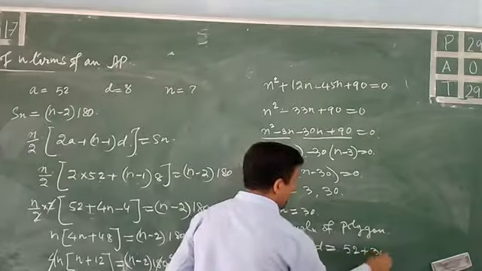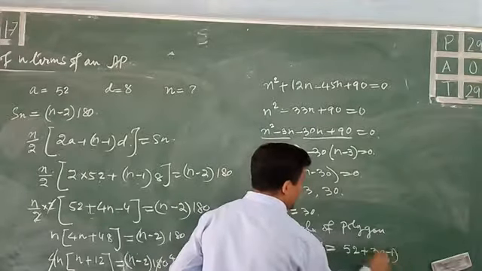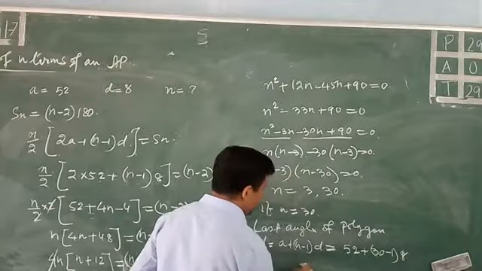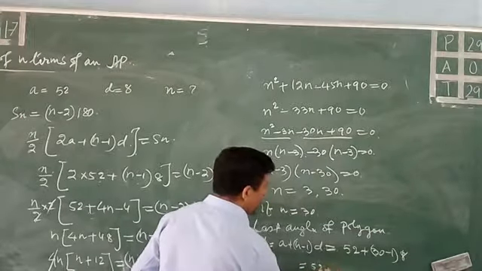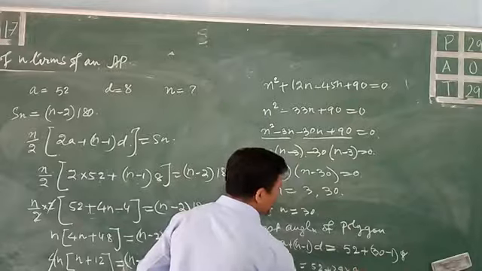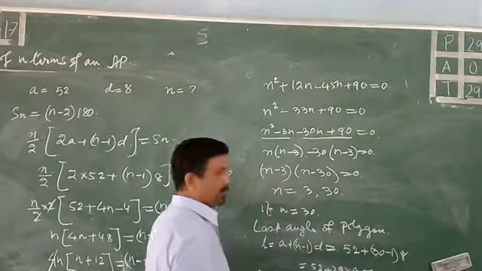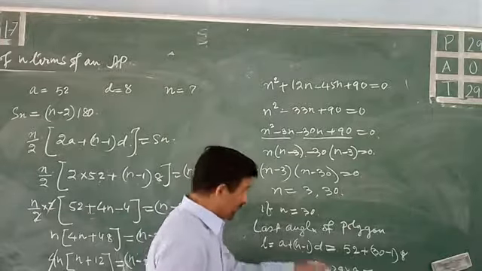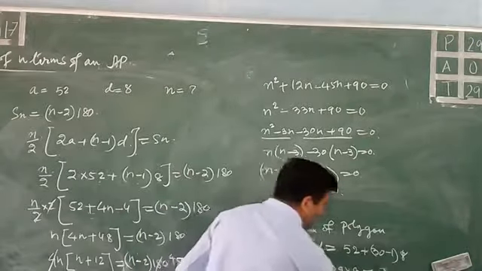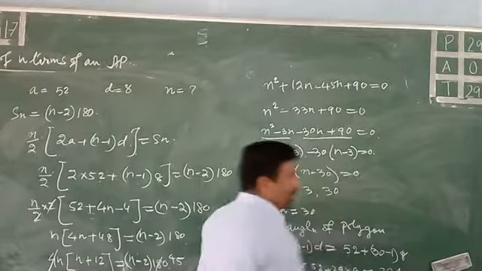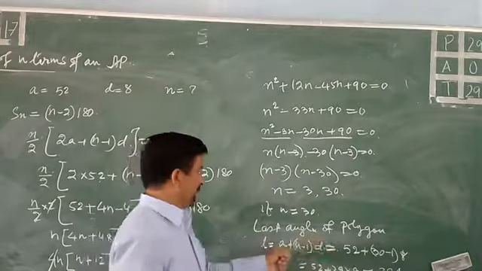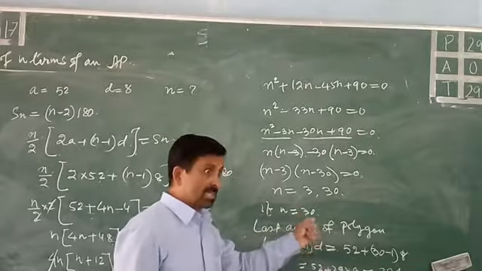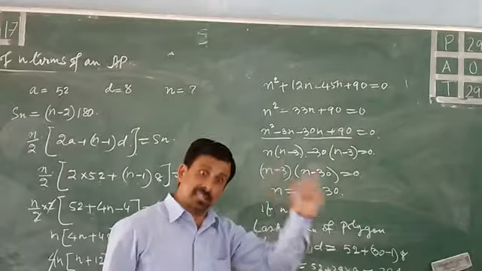So 30 minus 1 into 8. Please help me. 52 plus 29 into 8. 29 into 8 is how much? 232, plus 52, 284. So if there are 30 sides, then the last angle, that means the largest angle, is coming as equal to how much?